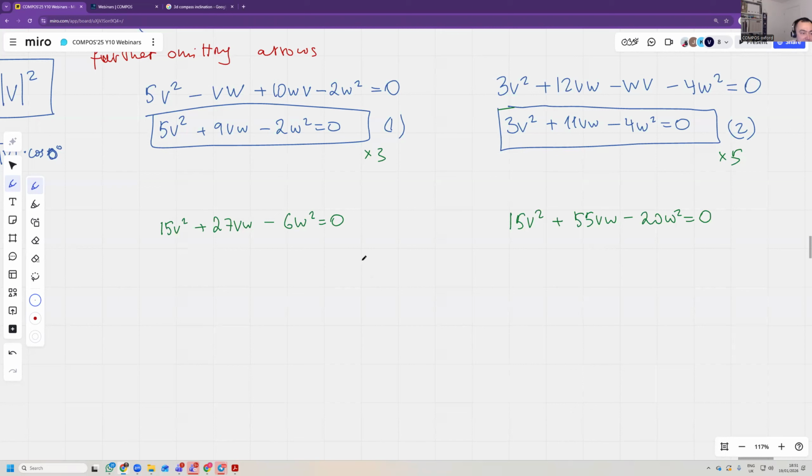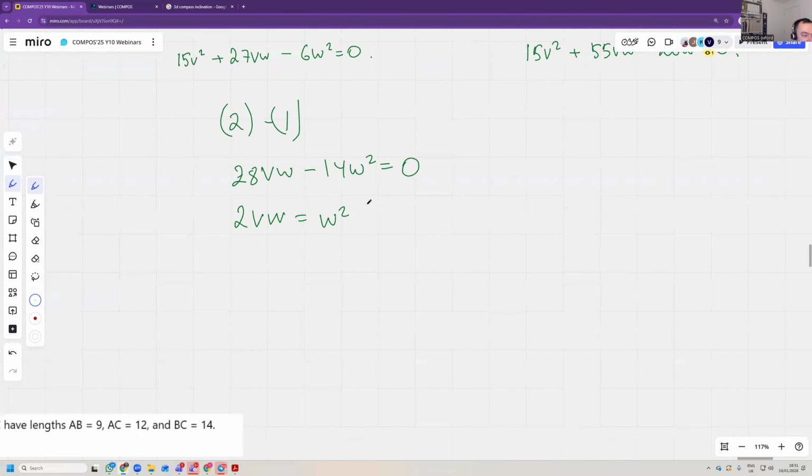Now subtracting, 2 minus 1, so this minus that, and we get 28vw minus 14w squared equals 0. And here we can say 2vw is w squared. So that's very useful. Let's write it down properly.